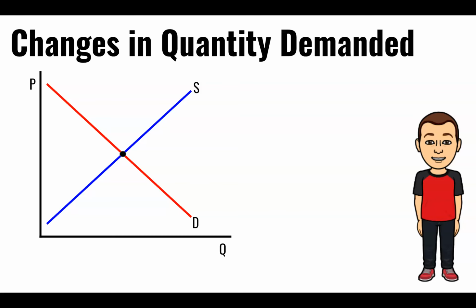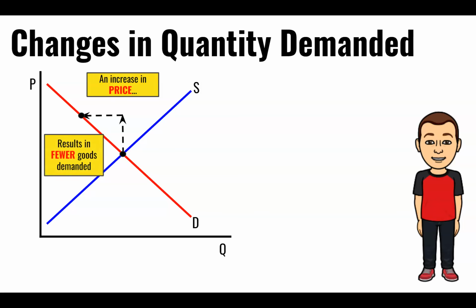If there is an increase in price from a point of intersection, because price is determined by the intersection of supply and demand. So when there's an increase in the price, then we said that all things being equal, I would want fewer goods. So if we go from a point of intersection, we go up for the price and then to the left because I want fewer goods demanded at a higher price. It's creating a new intersection point.